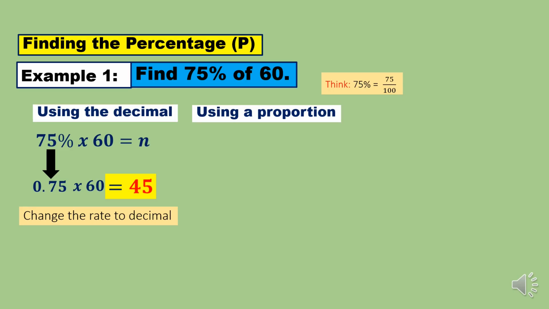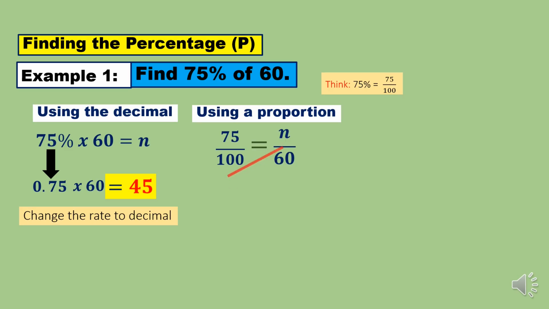Next is using a proportion. Alam natin na ang 75% ay katumbas ng 75 hundredths in fraction. So, 75 is to 100 equals n is to 60. Bakit n is to 60? Kasi ang n ay nagre-represent ng percentage at ang 60 ay ang base. At ang percentage ay bahagi lamang ng base.